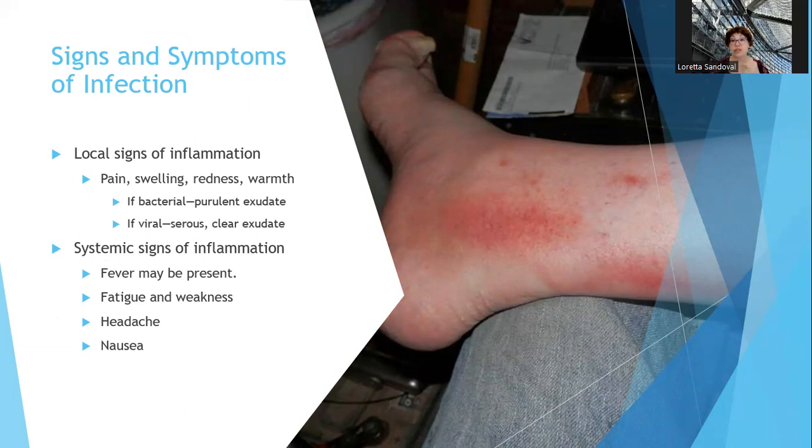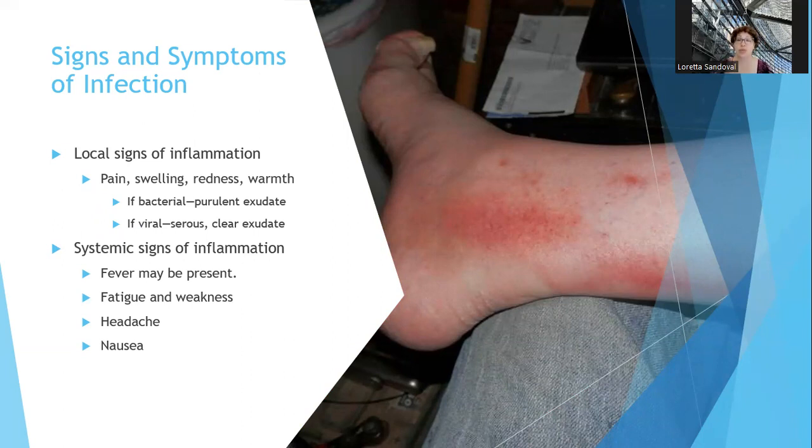Systemic signs: fever, fatigue and weakness, headache, nausea, generally what we refer to as being sick. So local signs versus systemic signs. You should know the difference between those. With bacterial infection, you also can see systemic signs in the blood count, the different cells that are present in the bloodstream.